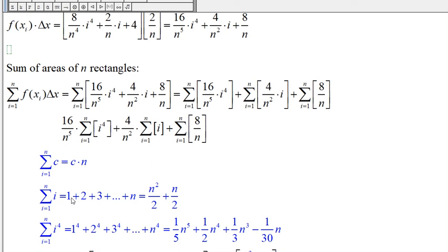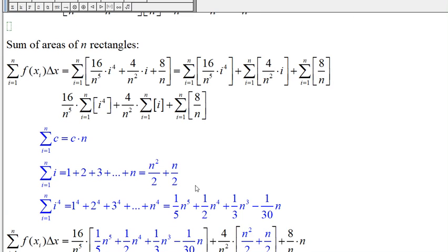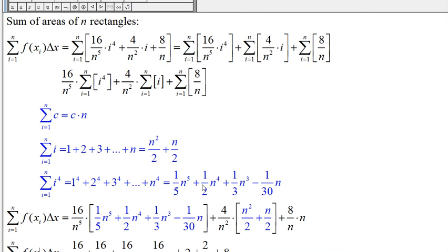Summation of i, which is 1 plus 2 plus all the way up to n, is n squared over 2 plus n over 2. And then summation of i to the fourth is this formula right here. And so now we have 16 over n to the fifth, and the summation of i to the fourth we'll replace with this.